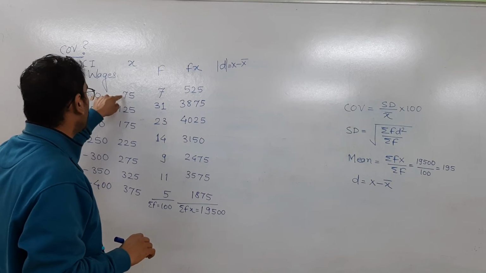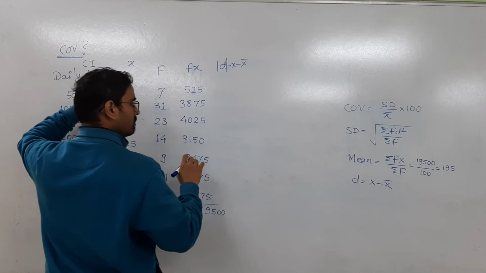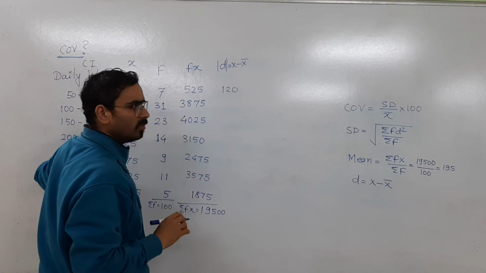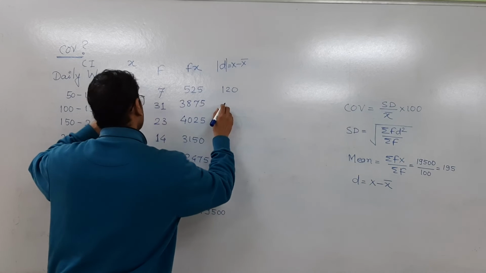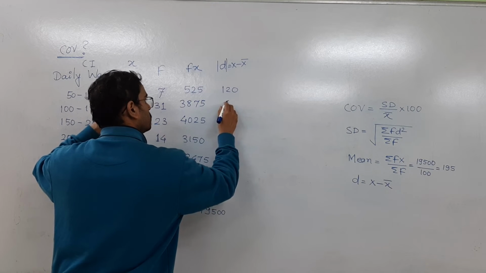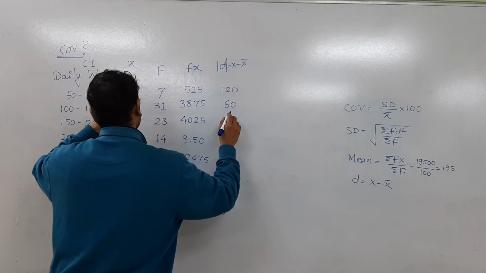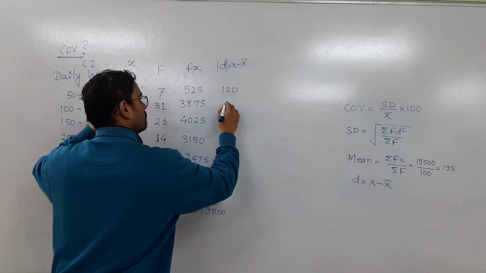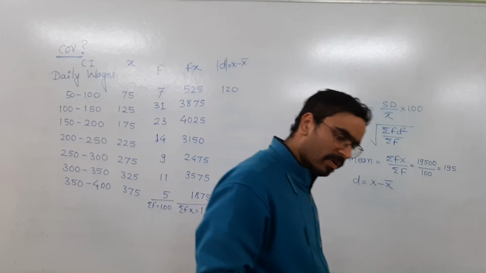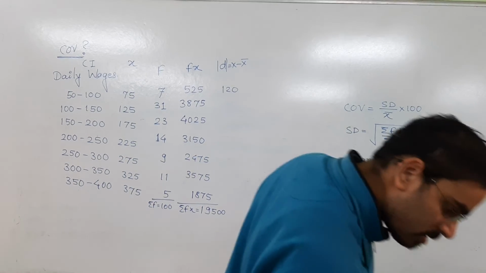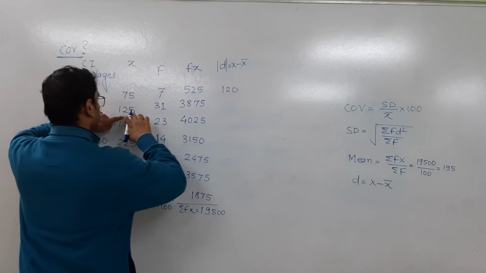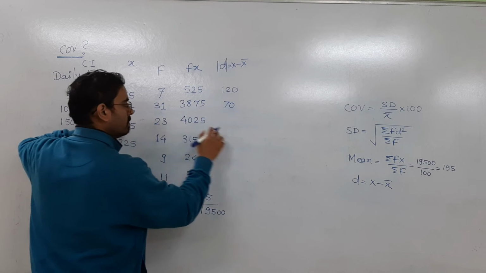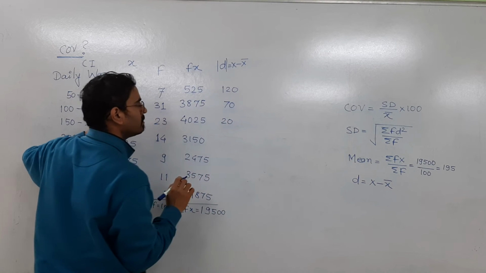So 195 and 75, the difference is what? The difference is 120. 195 and 125, the difference is what? 70. 195 and so that will be 20.